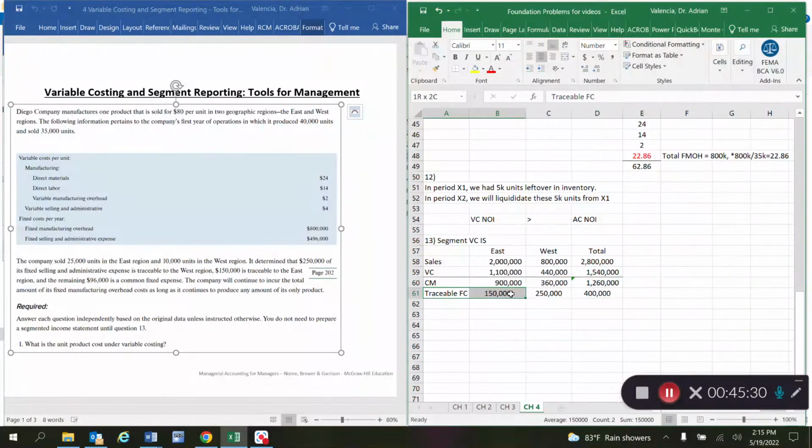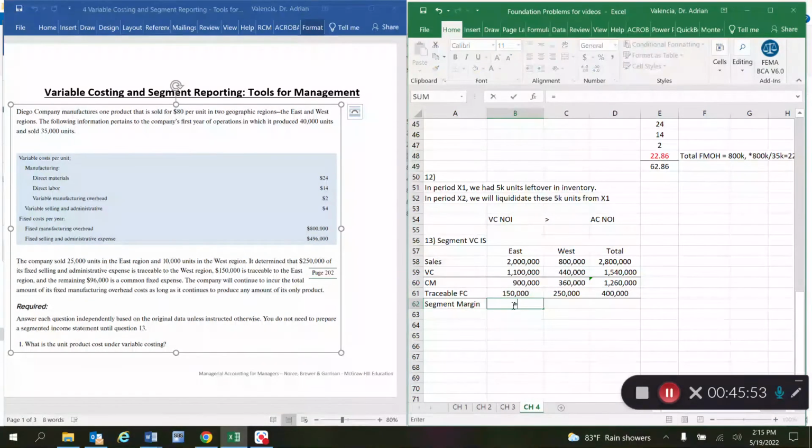But what it does allow us to do is get a segment margin, the margin for each segment. Let me make this a little bigger. So for the east, that's a profit margin of 750,000, and then for the west, that's a profit margin of 110,000.